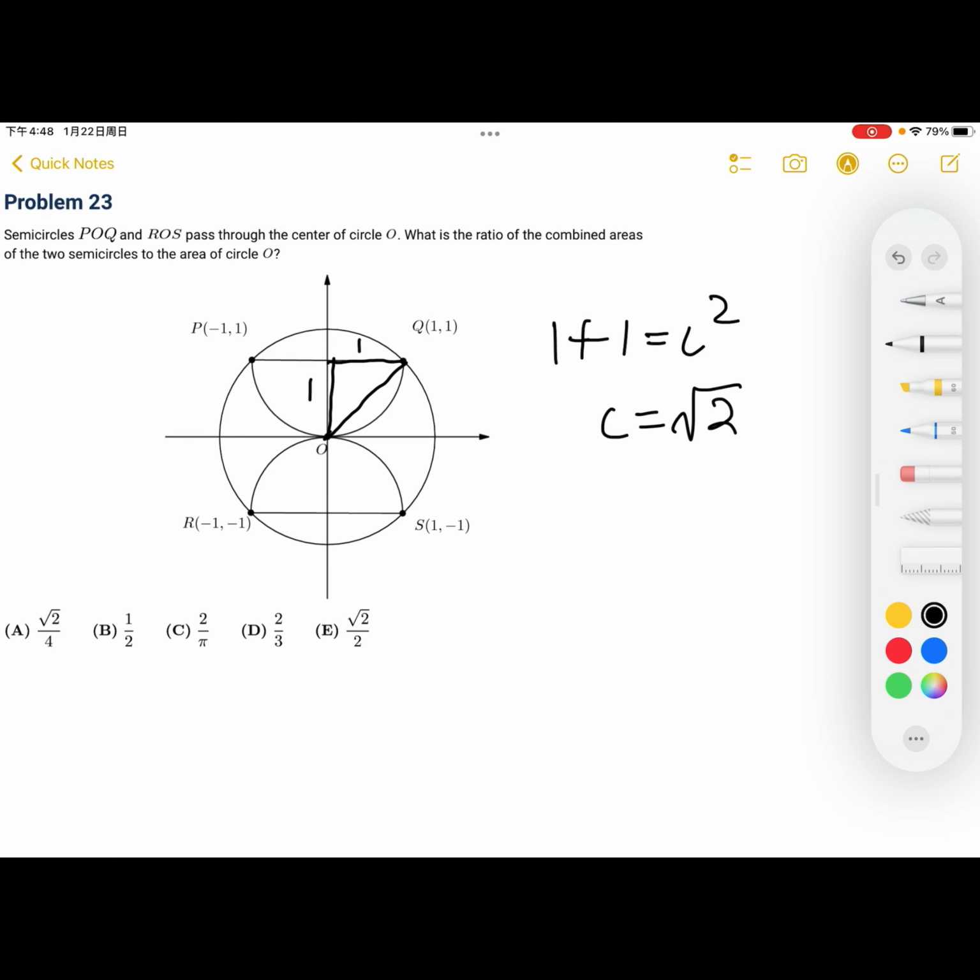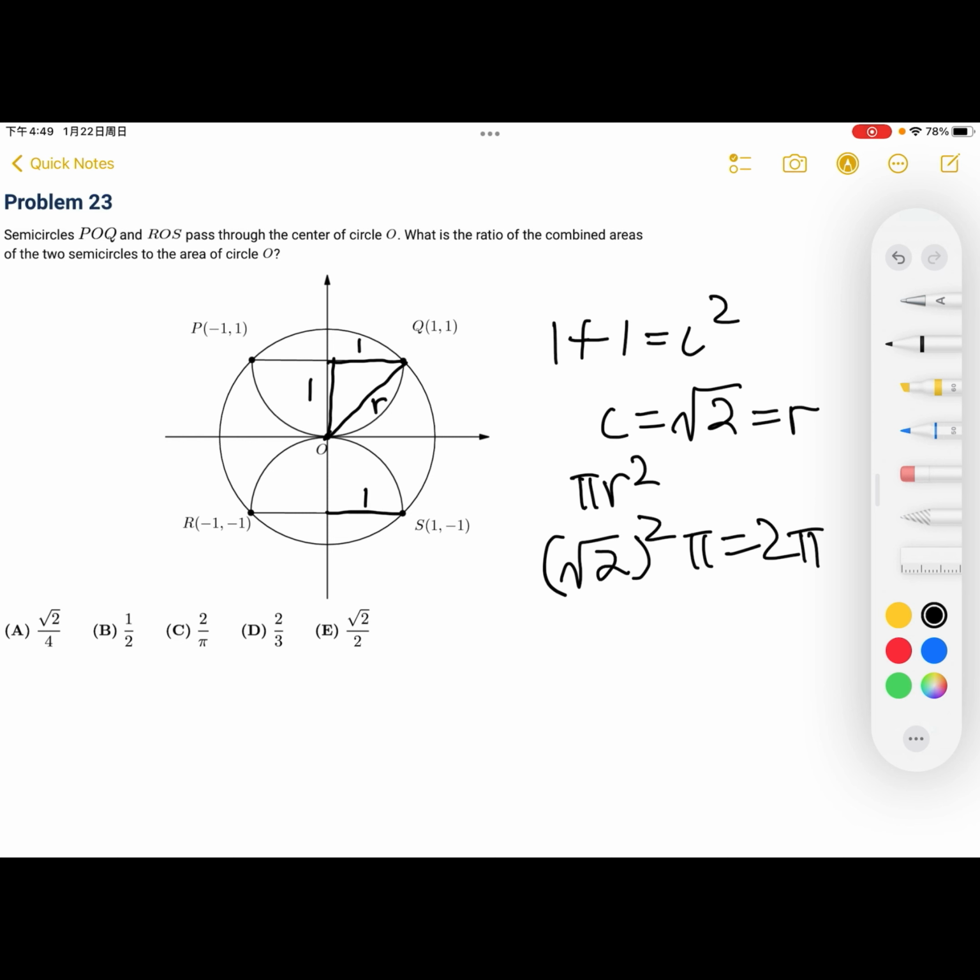So the radius of the larger circle is the square root of 2. So calculating the area, which is pi r squared, which is the square root of 2 squared times pi, which equals 2 pi. And then we have that the radius of the smaller circle is just 1.